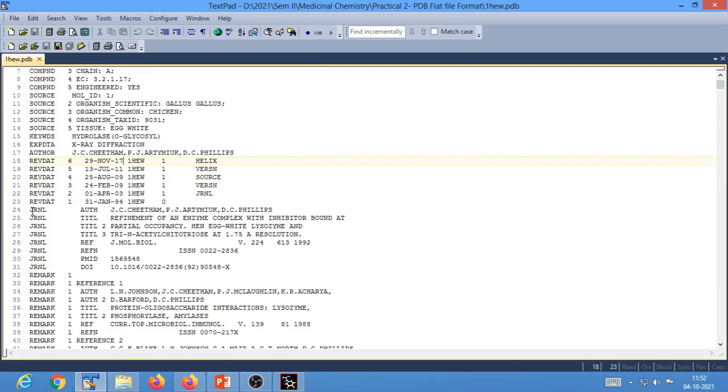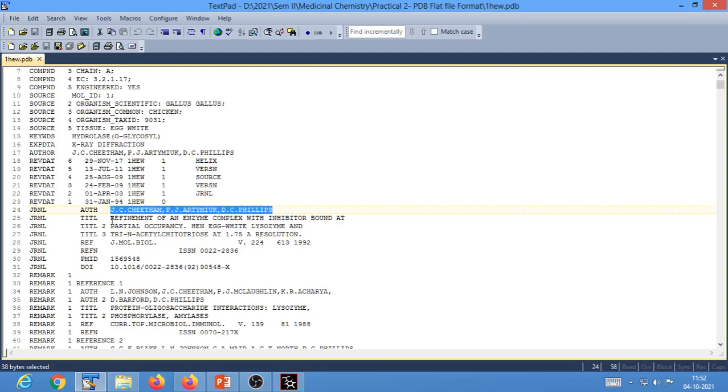Okay, then the lines that begin with JRNL will give you an idea where that model is published. So the lines that begin with journal and then author give you the list of authors where the model was published.